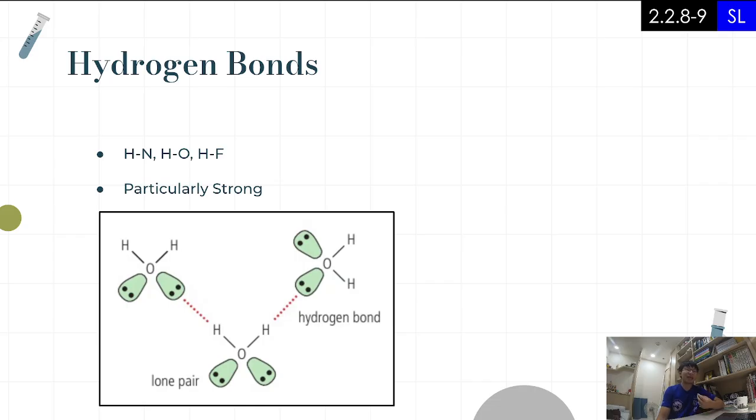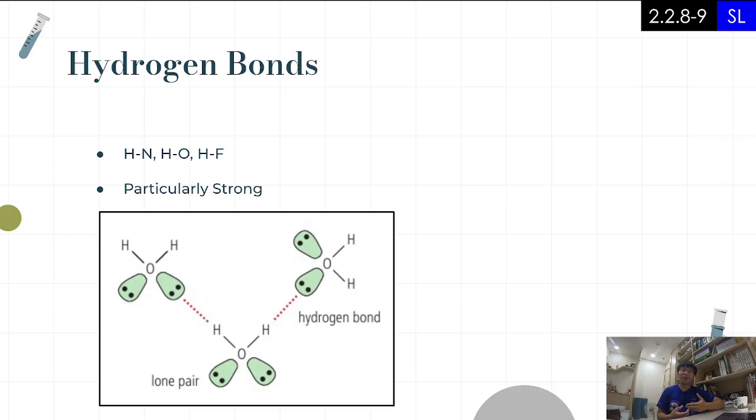So the side where the oxygen is has a partial negative charge, and the side where the hydrogen is has a partial positive charge. The partial negative will be oriented to be attracted to the partial positive, right? In this scenario, we can see that the oxygen's partial negative is attracted to the partial positives of hydrogen.